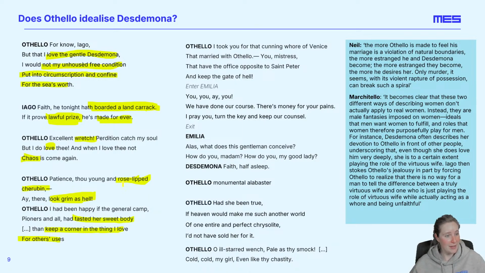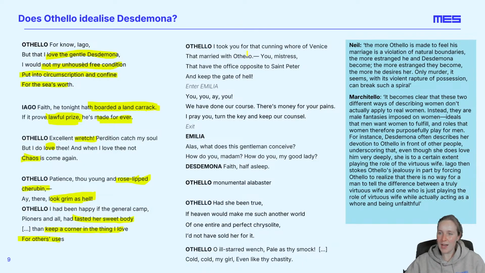It's: I'd rather everyone have had sex with her and not know about it than only have a little bit to myself and know that I'm being cheated. This speaks of her as something to be consumed, something to be enjoyed, but not as a person here. This is objectifying language, and quite violent language at that as well.